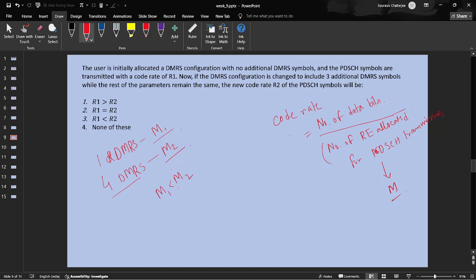Okay, but the thing is, when you have additional DMRS, let's say earlier you have only one DMRS, one symbol, and now you have four DMRS, basically four symbols. So that means the number of resource elements allocated for your data transmission is less, right? Yes. So it is the other way around.